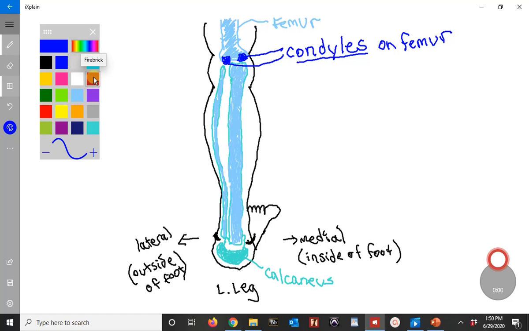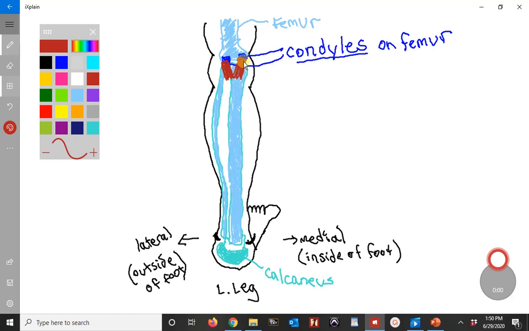Now for the gastrocnemius. The gastrocnemius attaches in two different places. It attaches on one condyle of the femur, the lateral condyle, and it attaches to the medial condyle of the femur.